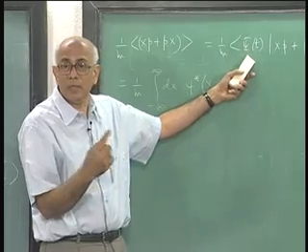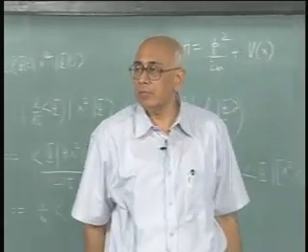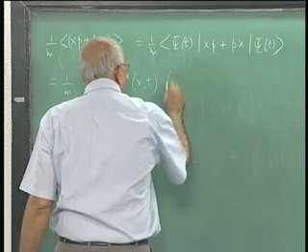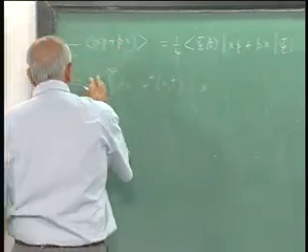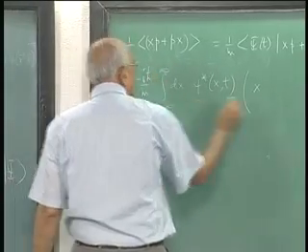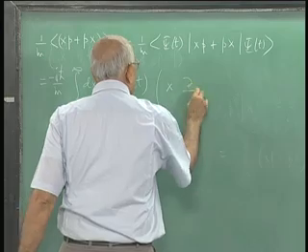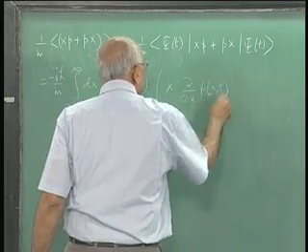The bra here is replaced by psi star, if you like, in this space of square integrable functions, times x times the p operator, but the p operator is minus i h cross d over dx, or let us put partial derivatives because you have t dependence as well, and this acts on psi of x comma t.